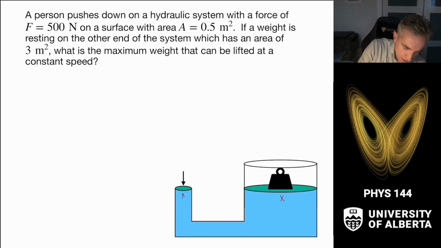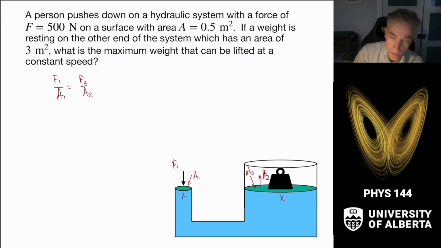So we know that F1, we'll call this F1 and that A1, and this will be A2, and so then that'll be F2. We know that F1 over A1 is going to be F2 over A2 in this scenario. So if we want to figure out the maximum weight, then we get F1 times A2 over A1 is equal to F2, and we plug in our numbers.